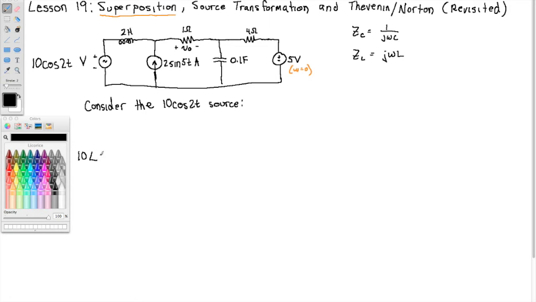So we're going to say 10 angle 0 degrees volts. Now, instead of labeling the inductor 2 henry, here we're going to find that the impedance of that inductor is j times 2 radians per second times L, which is 2 henry. So this gives us j4 ohms.